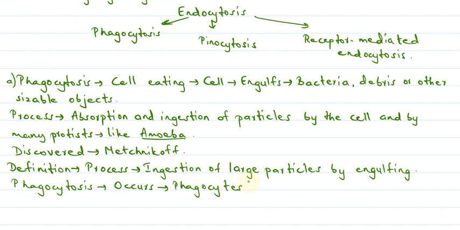These phagocytes could be, for example, neutrophils, macrophages, and various other white blood cells.